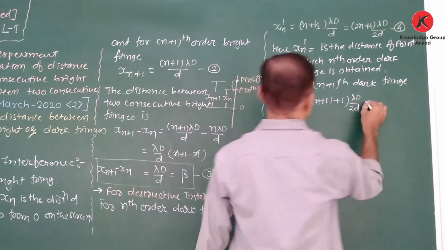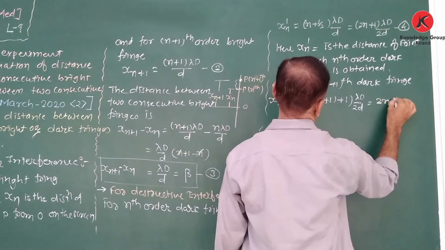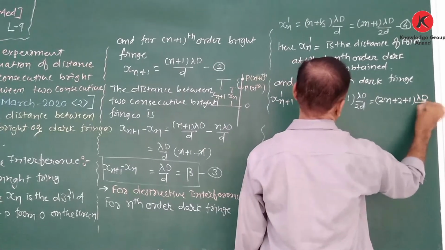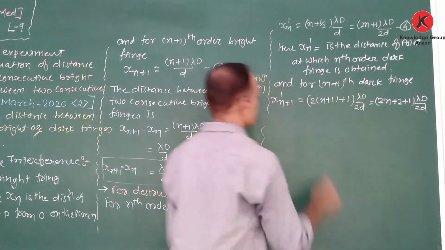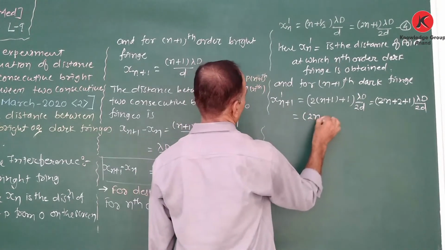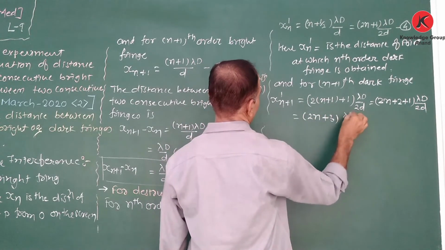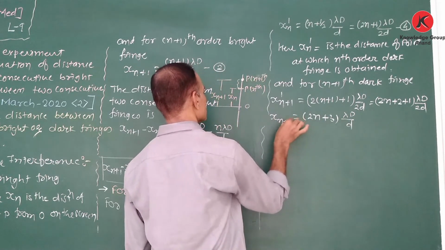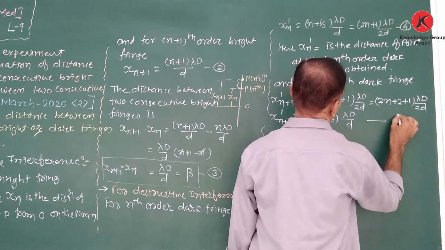We simplify that. Therefore, 2n plus 2 plus 1 lambda D upon 2d. Therefore, 2n plus 3 lambda D upon 2d is xn plus 1 dash. Equation number 5.